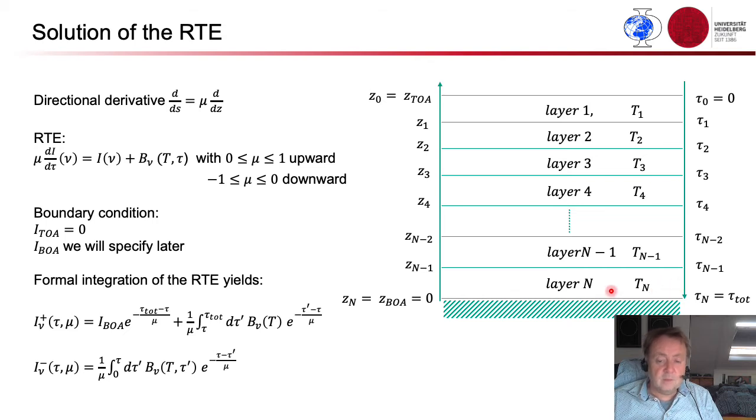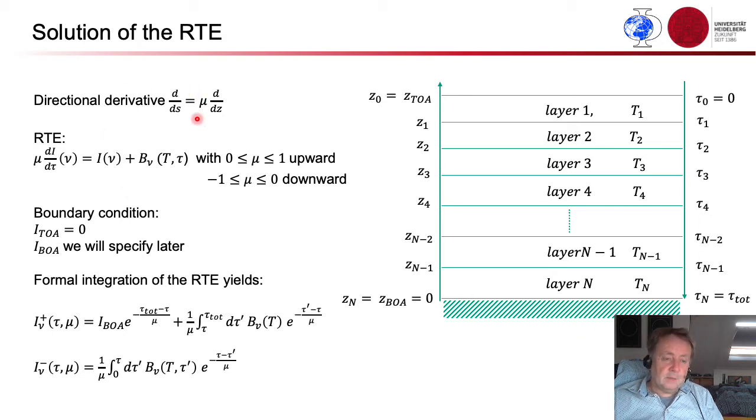That means that we have a constant temperature in each layer, and also the cross sections can be assumed to be constant in each layer. Just for a few words about notations, we have the altitude, obviously that goes from bottom to top, and the optical depth, which goes from top to bottom.